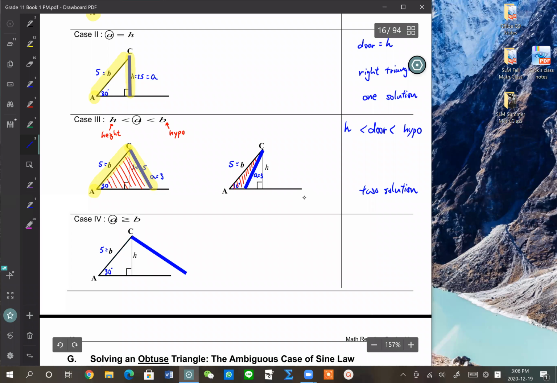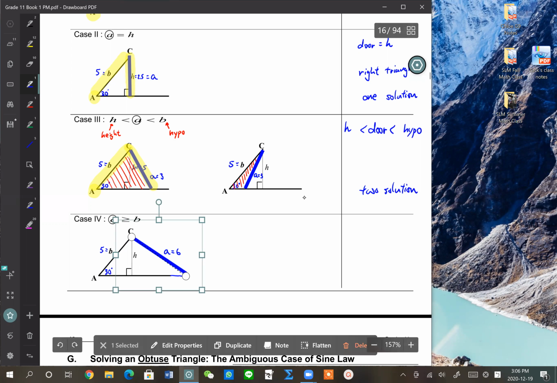Okay, so if it's longer or equal to hypotenuse, longer or equal to 5, could be 5, right? If it's 5, you have to stick it on the right side as well. Longer than 5, for sure you have to stick it on the right side. So A is 6 in this case. The base, they did not tell you how long it has to be, so you can make it longer, right? So then they touch.